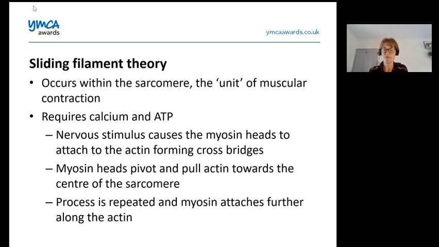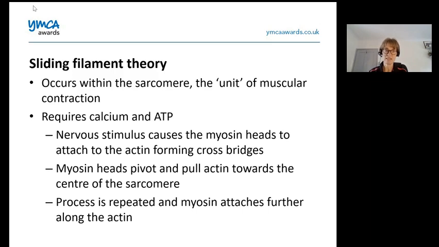So this is where we need to see the nervous system and the muscular system as constantly interacting. We get nervous stimulation from our afferent nerves, and this causes the heads of the myosin to attach to the actin, forming cross bridges.